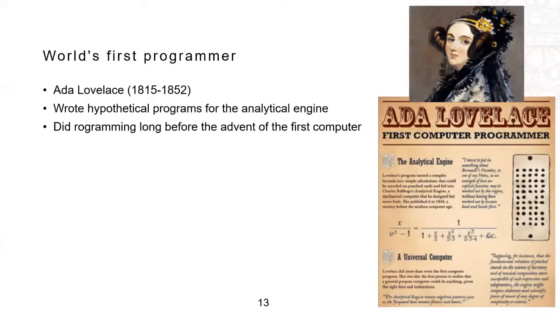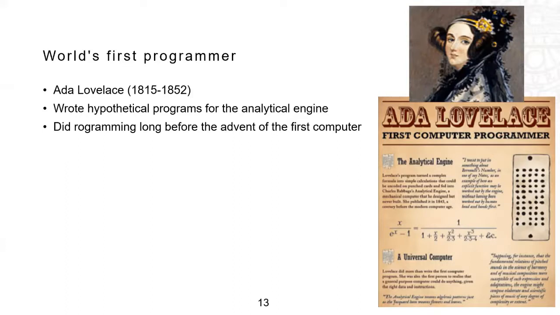Charles Babbage had a colleague called Ada Lovelace, and she wrote hypothetical programs for the analytical engine. Although the analytical engine was not built, Ada Lovelace and Charles Babbage knew how it would work, what the inputs to it would be, and how it would get instructions and so on. So Ada Lovelace started to do programming on it.